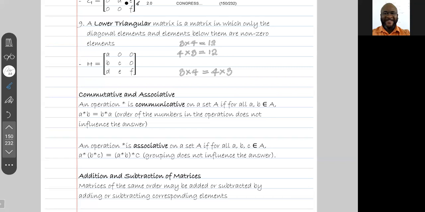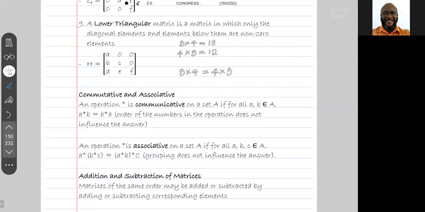Once you multiply integers and you change the order of the numbers, the answer will still come out to be the same. So what we say is that the multiplication of integers is commutative. Essentially, the order in which I multiply numbers does not change the answer. Once it's the same numbers, it doesn't change the answer. Now, when an operation behaves like this on a set of numbers, we say that the operation is commutative.